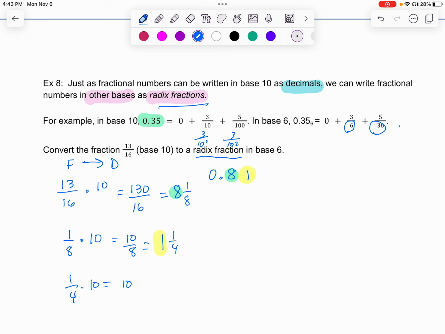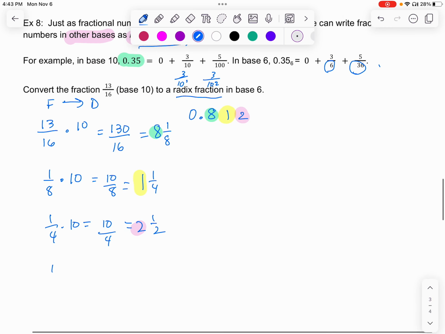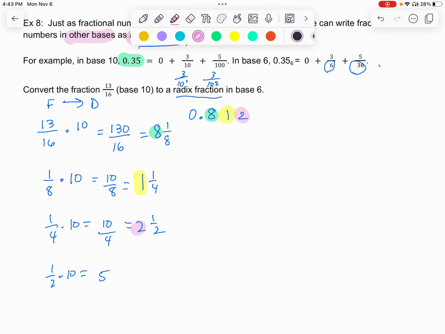And this will give me 10/4, and 10/4 reduces to be 2 1/2. And yep, you guessed it, we're going to save that whole number, put it over here, and repeat the process with the 1/2. And looks like this will do it. We have no more fractional pieces, so we are all done with our expansion, and we now have our 4-digit decimal.